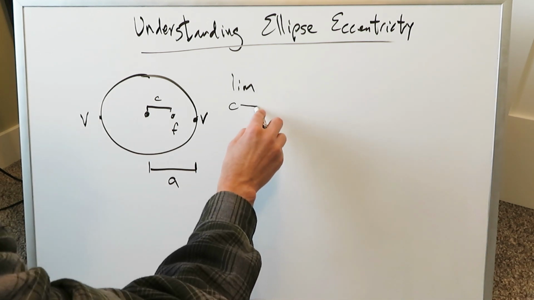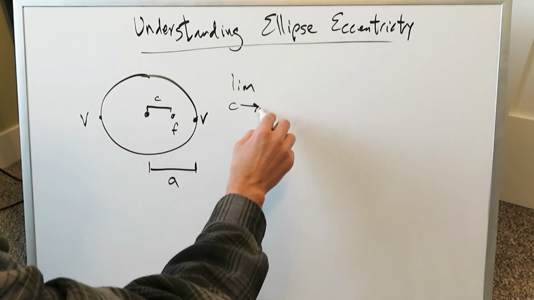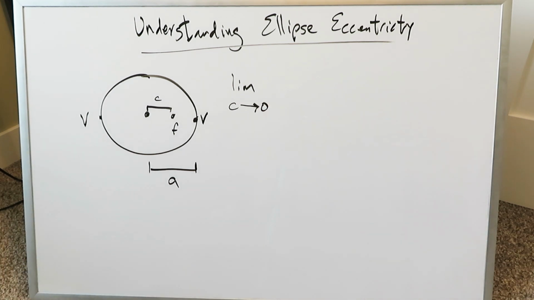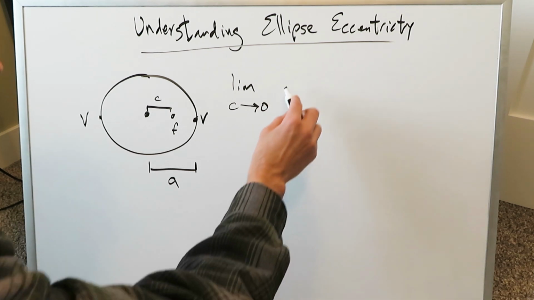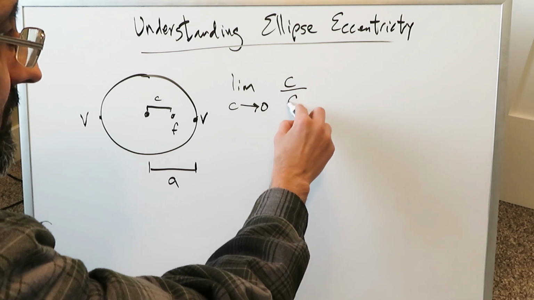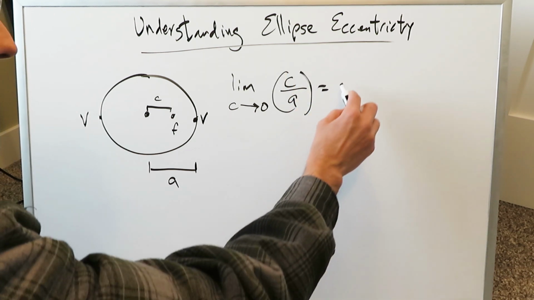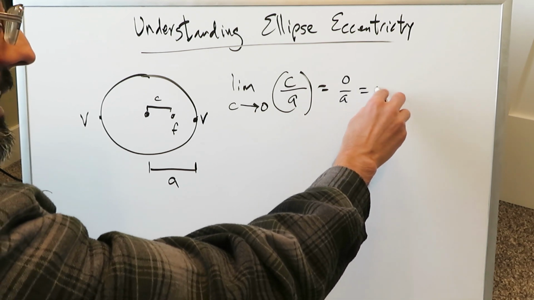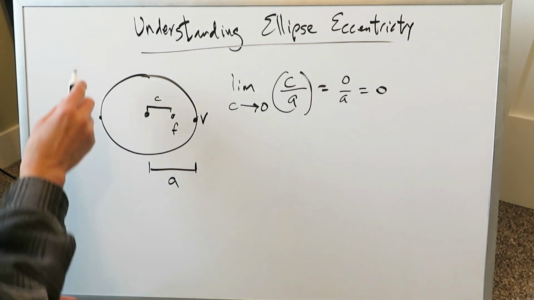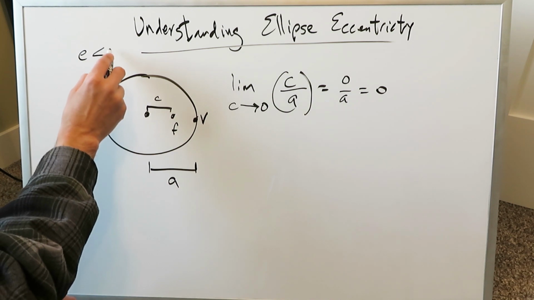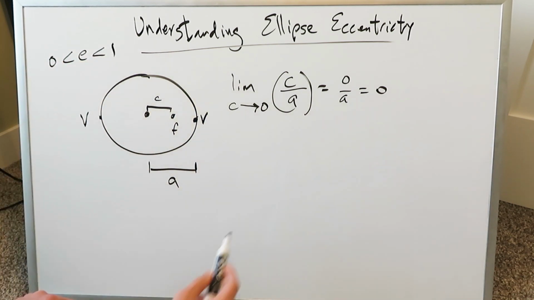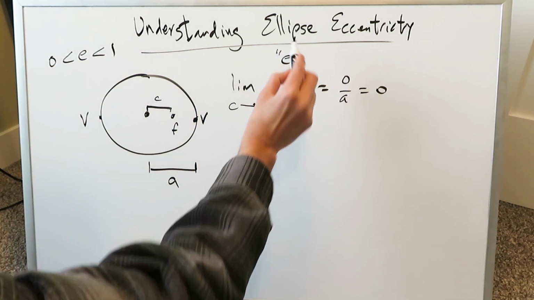If C were to approach the center of that ellipse, and you might as well very easily represent that as a 0, you do have an equation over here or an expression, and that expression is C over A. You know exactly what's going to happen over here. You'll end up seeing 0 over A and it'll become 0. Again, I've told you, you have to look at eccentricity here in terms of this: less than 1 but greater than 0. And this right here is exactly our eccentricity.